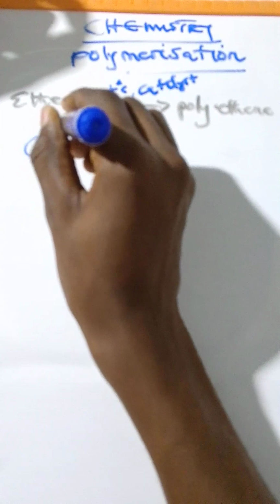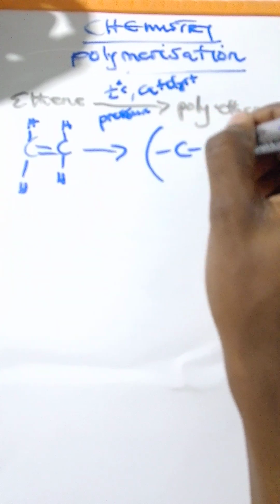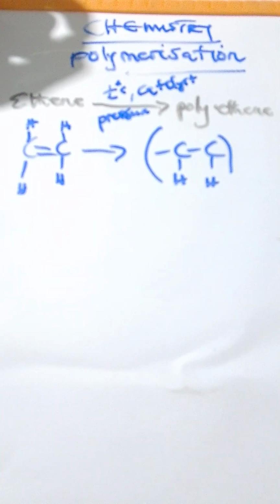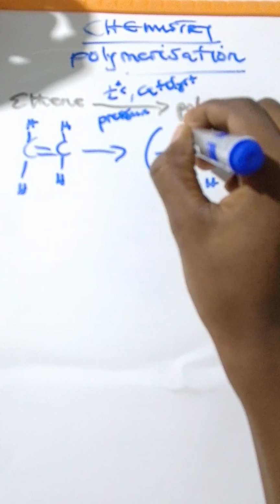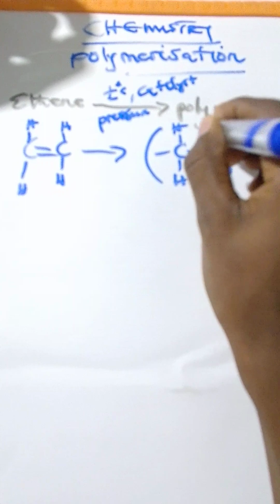So for us to simplify the diagram, we'll say this ethene will produce something like this. Okay. Then we put n here.